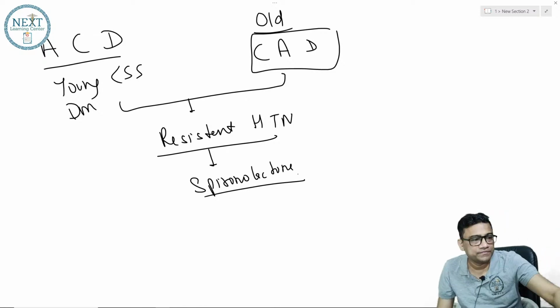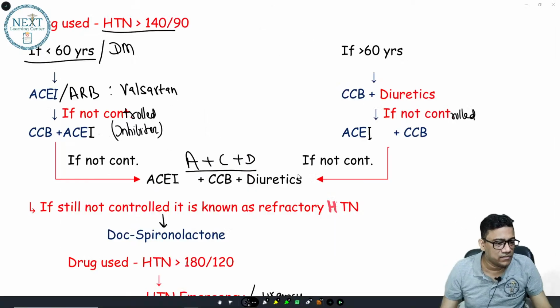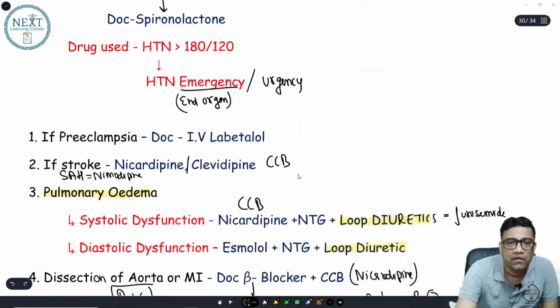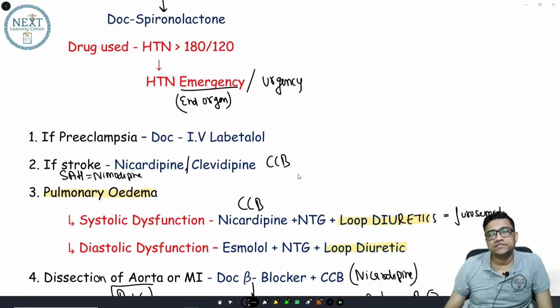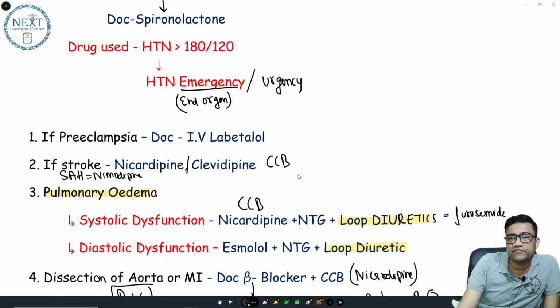Chalo, done? Okay, let's come back. If there is more than 180 by 120, it is called emergency if end organ is involved, and urgency if no end organ involved.